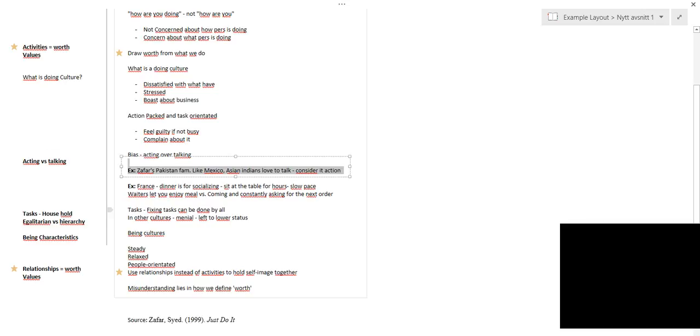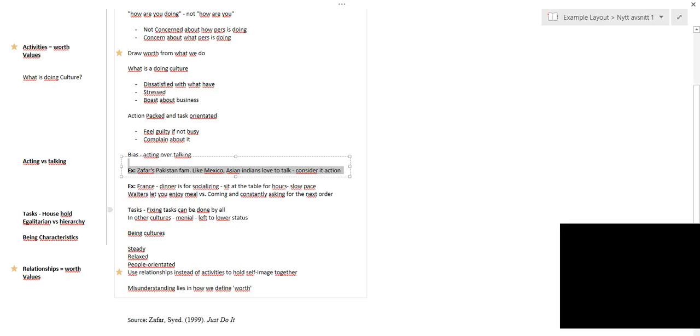And then later, near the end of the notes here, he starts taking up tasks around the household. And then we realize this also comes into more of a value system, where there's a difference between the egalitarian culture, where everybody's seen as equals, and more a hierarchical culture, from India and Pakistan.